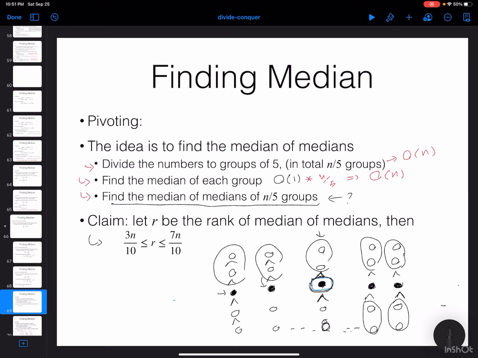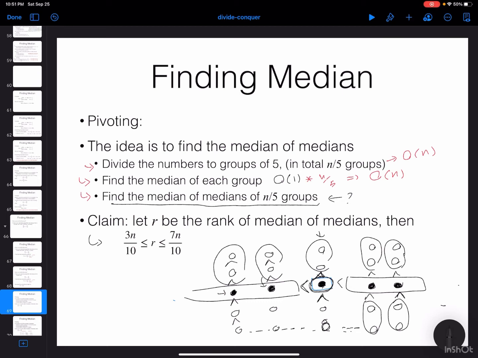One thing more that I know is that this is going to be greater than all these medians that I have here, and smaller than all these medians that I have here, for all of these groups.